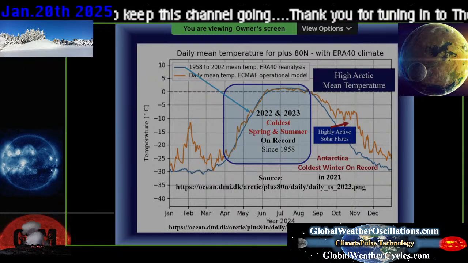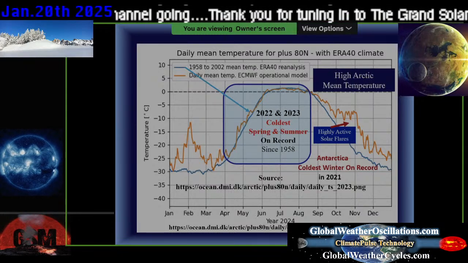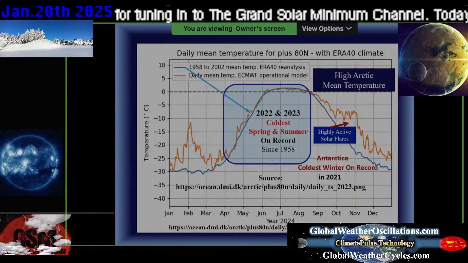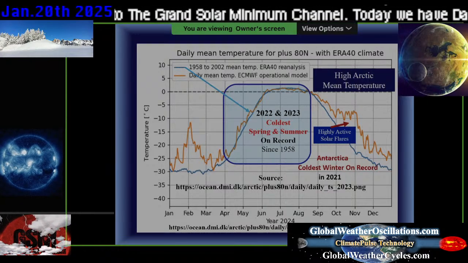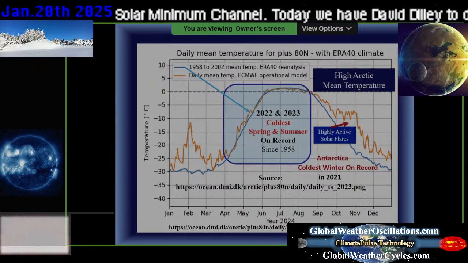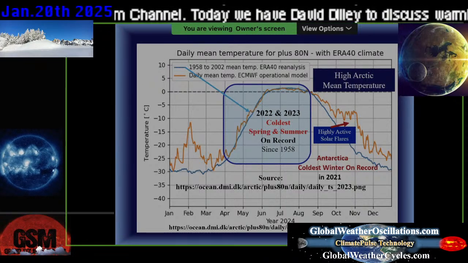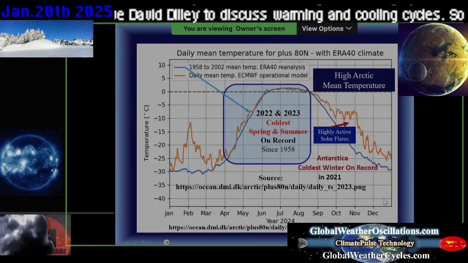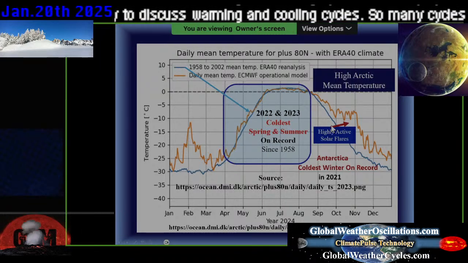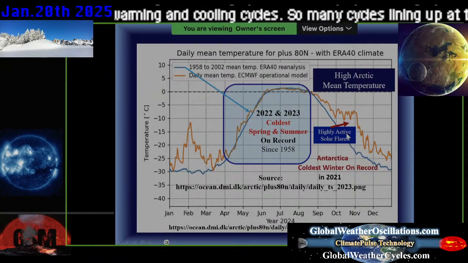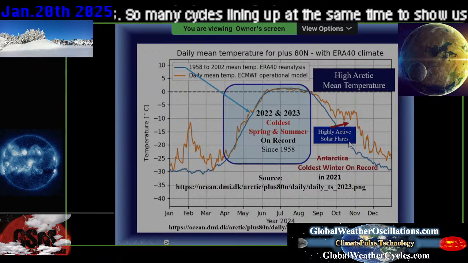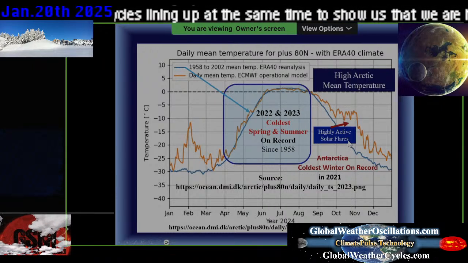And that shows that something's starting to happen. The solar cycle is starting to diminish, and the high Arctic is starting to cool because the solar activity warms the high Arctic air. But one thing that happened during the later part of 2024 that just ended, we had a big increase in solar flares.